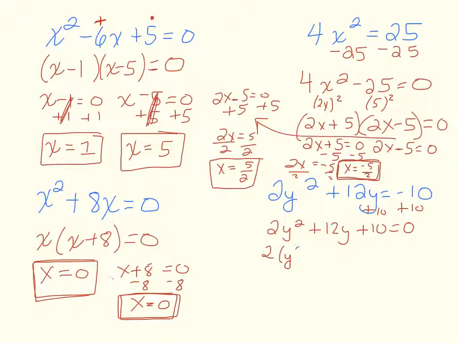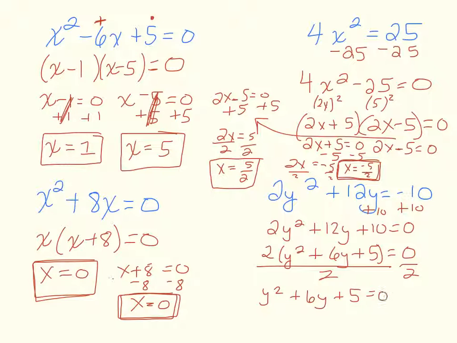I'm going to have y squared plus 6y plus 5 equals 0. I can divide by 2, and y squared plus 6y plus 5 equals 0 is what I have left.